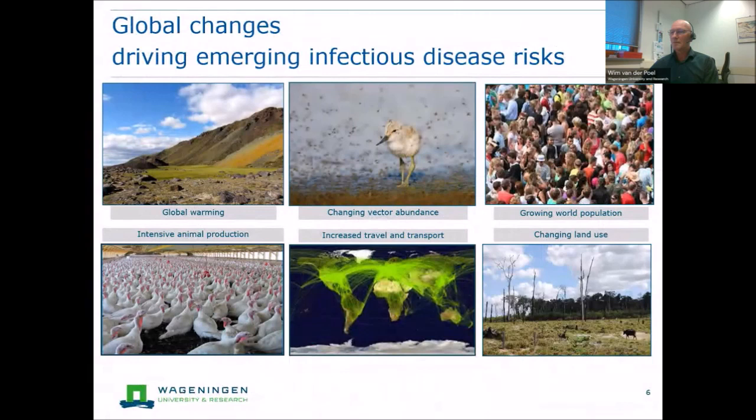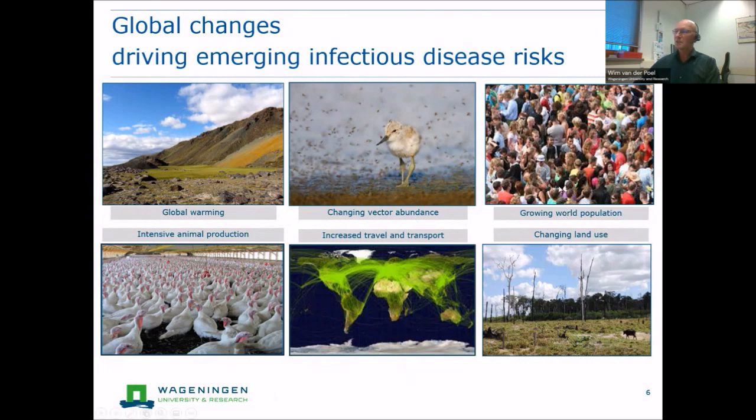There are a lot of global changes, and these global changes drive emerging infectious diseases. On this picture, you can see a picture of global warming, changing vector abundance. When there are more vectors, there is more potential transmission by vectors of zoonotic agents.